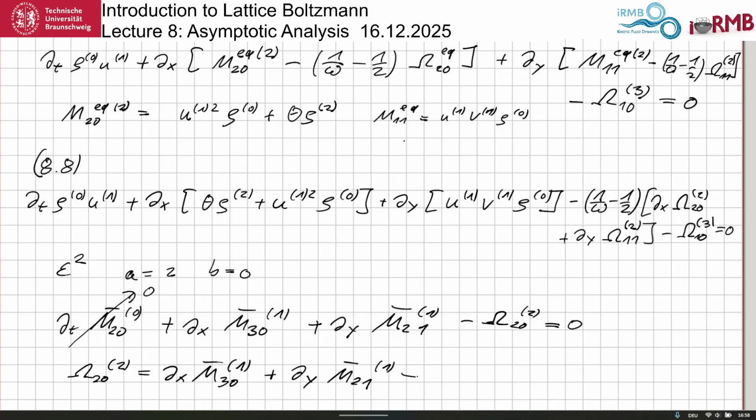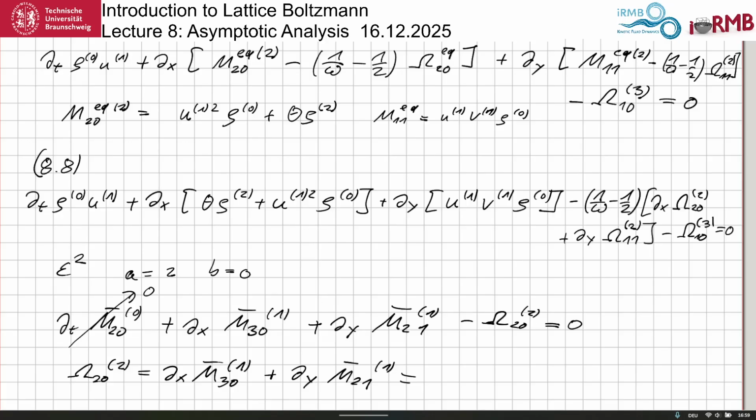And now you remember that we are doing BGK. All the moments behave the same way, and they are their equilibrium plus 1 over omega minus 1/2 times big omega.